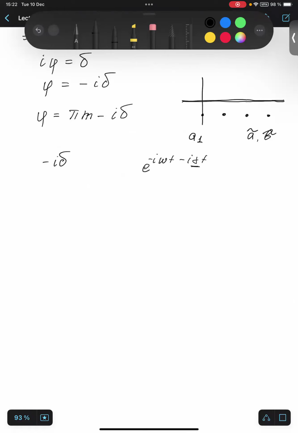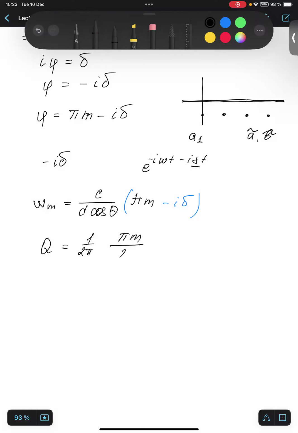So for the frequency of the m-th mode, we can easily write it equal to the real part, pi m, and also I will write minus i delta here. And now we can easily write the expression for the quality factor: 1 over 2, pi m over 2 delta.